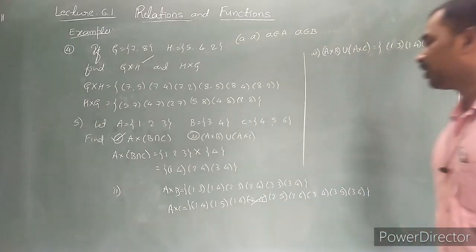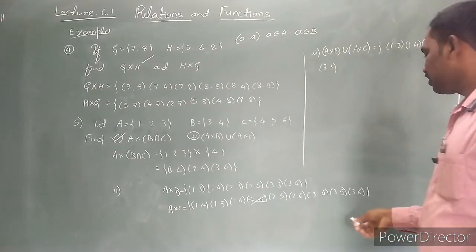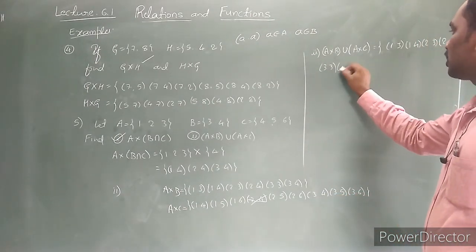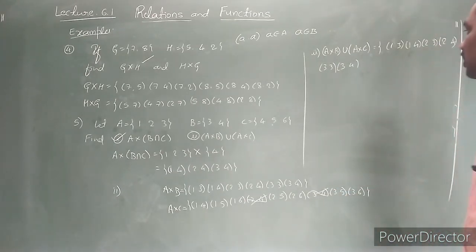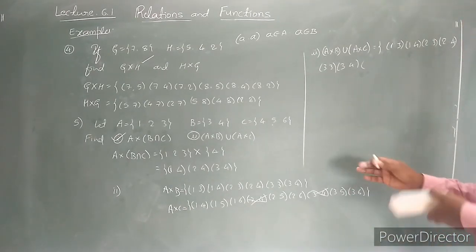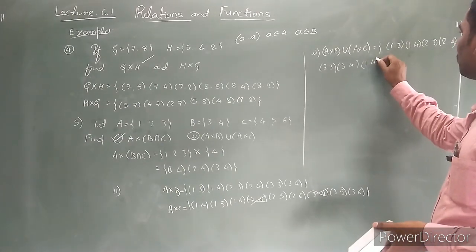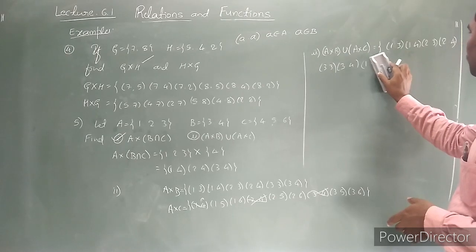(2,4). Next (3,3). (3,3) is there. In this set (3,3) is not there. Next (3,4). Do you have that (3,4)? Yes. No need to write this (3,4) once again. If you write it, nothing to worry, but repeated elements we will write only once. Next (1,4). Already (1,4) is over. (1,5).